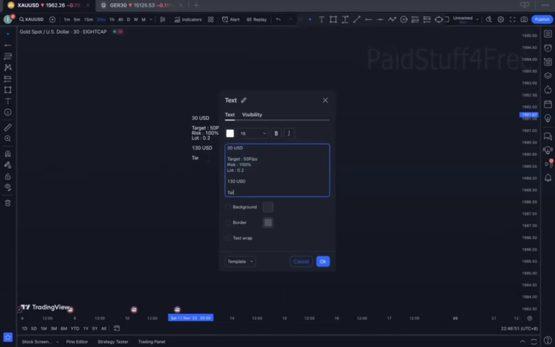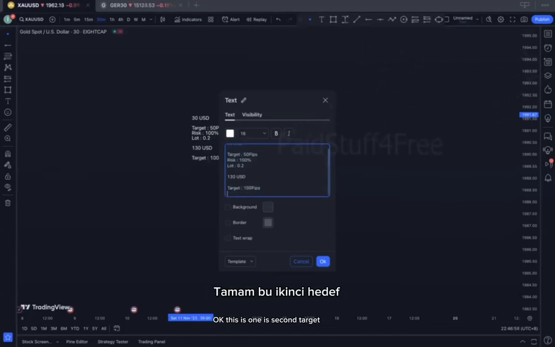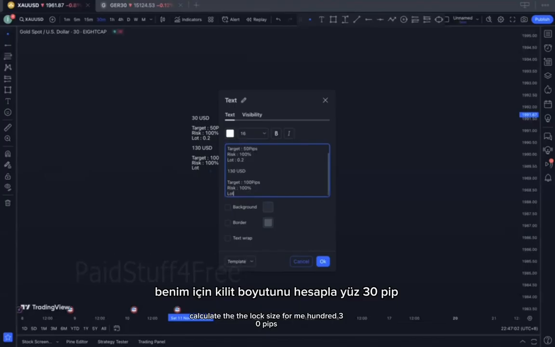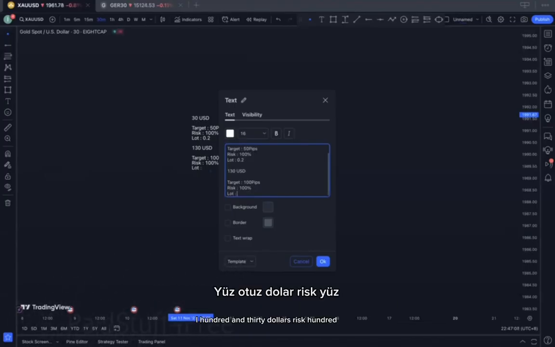So do it again. Second target is going to be 100 pips. And then the risk should be how many? 100%, still 100%. Okay, calculate the lot size for me. $130, risk 100%, and SL maybe 15 pips or 20 pips. The lot size is like 0.09.